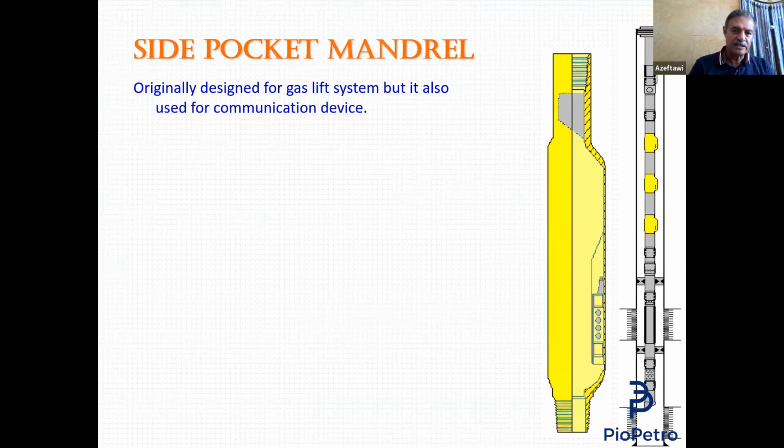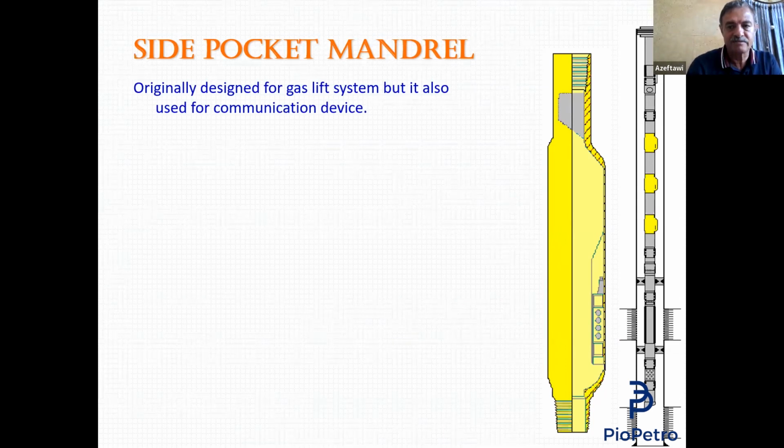When we have these devices, how do we activate them? Normally, we inject gas in the annulus. This gas goes all the way through these ports, enters the side pocket mandrel, and passes by this gas lift valve, which has a check valve allowing the gas to move from annulus to tubing, but not vice versa, one direction.